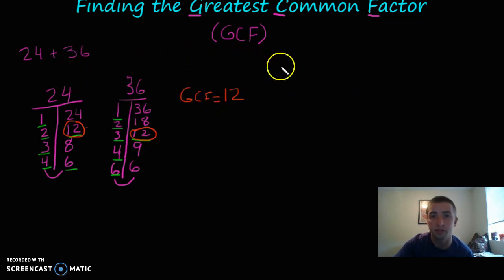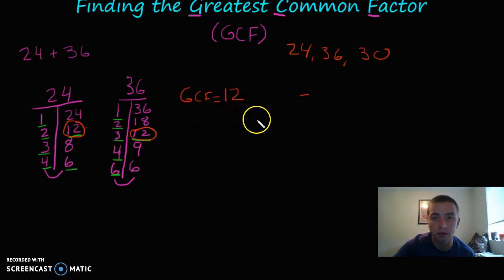So if you stuck with 24, 36, and let's go with 30 as my third one. I'm not going to do the t-charts again for 24 and 36 because I already have them. Let me change colors again.